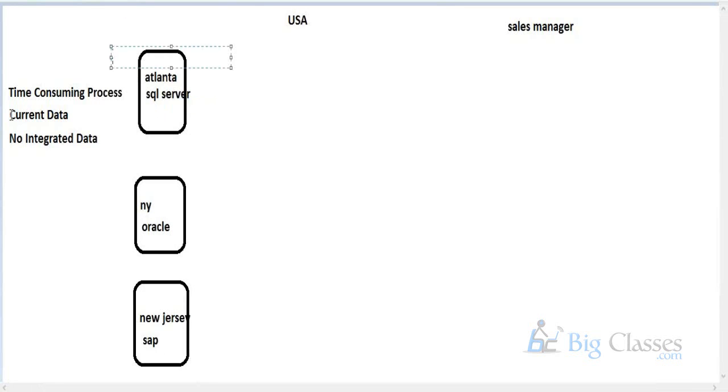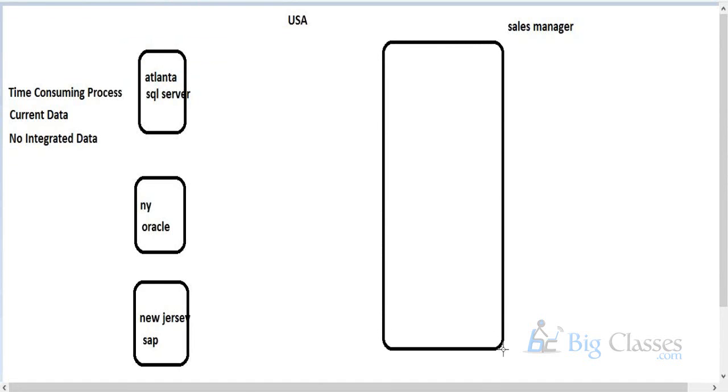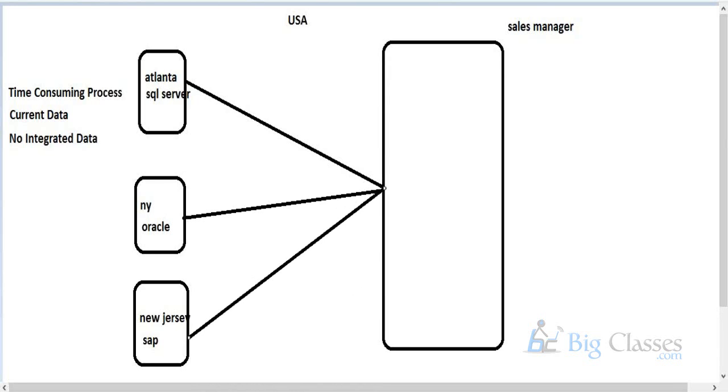Since it is not possible to analyze the whole business when the data is present in the OLTP systems, because of all these limitations in analyzing the business, in order to overcome them, what I'm going to do is extract the data that is present in multiple OLTP systems, which is nothing but data extraction.